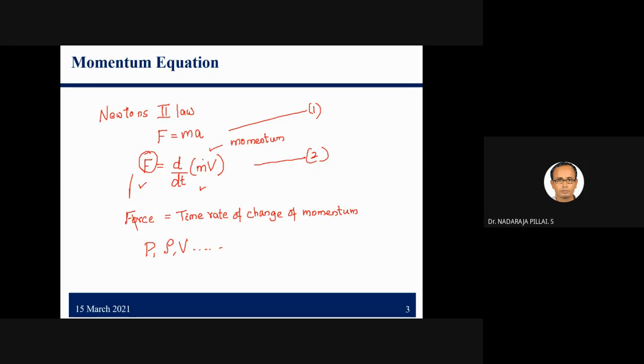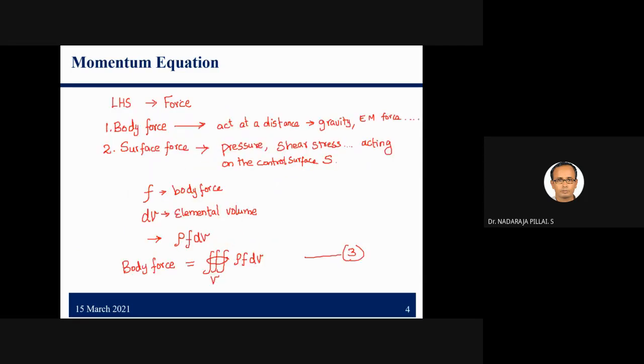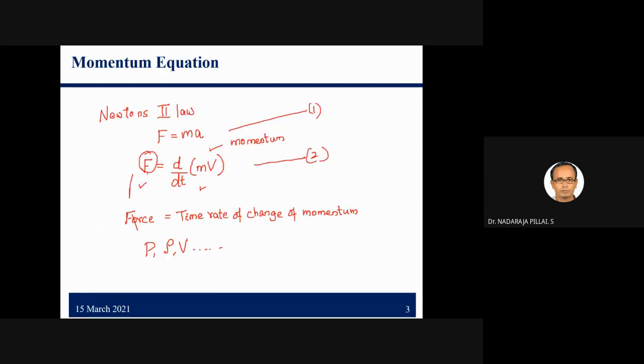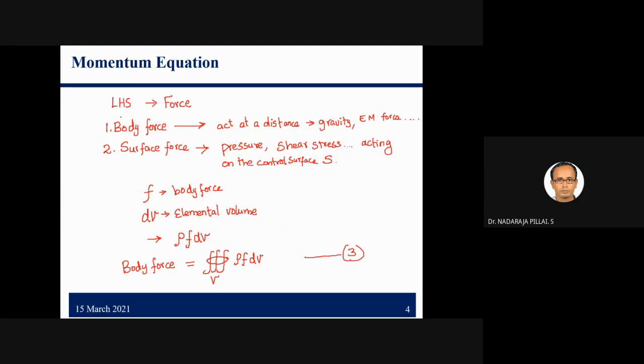We take the force on the left-hand side as due to body force and surface force. Body force is the force which acts from a distance, so we consider gravity, the electromagnetic force and so on. Surface force is the pressure force and shear stress, which act perpendicular and parallel to the fluid flow.